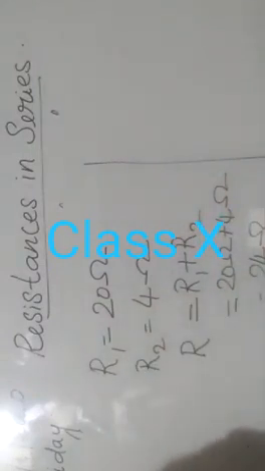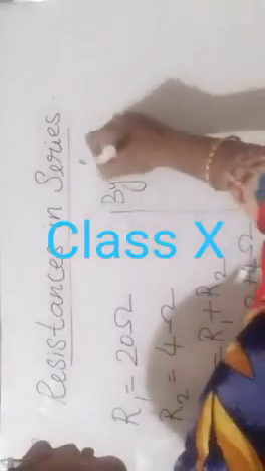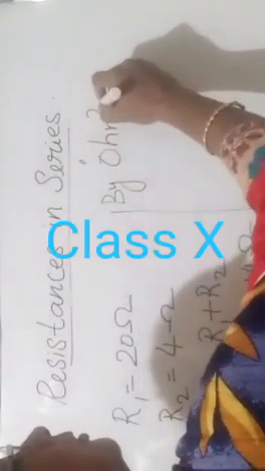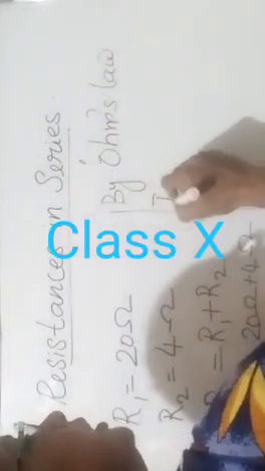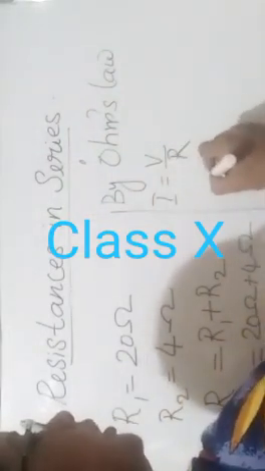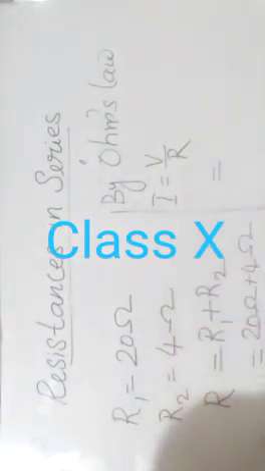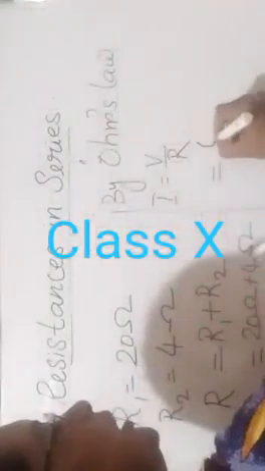Now by Ohm's law, you know that I is equal to V by R. What is the value of V in the given question? V is equal to 6 volt.